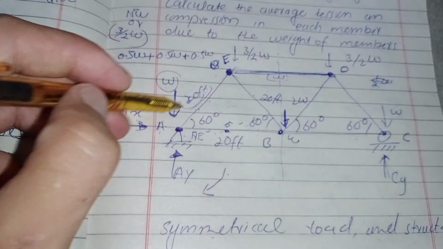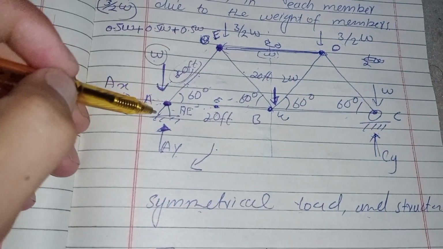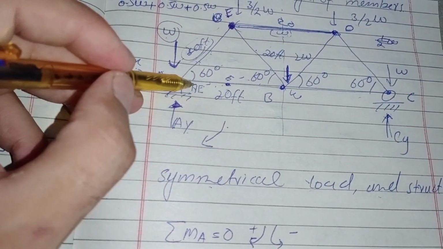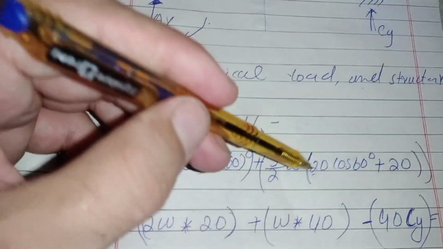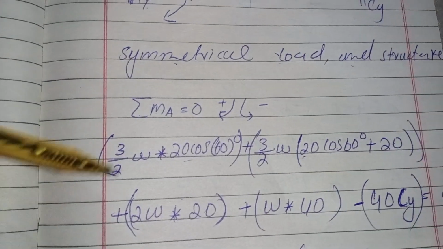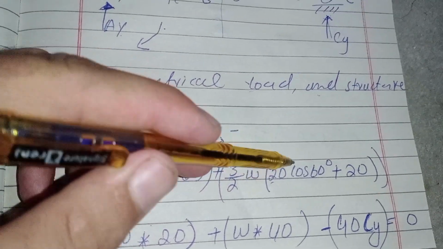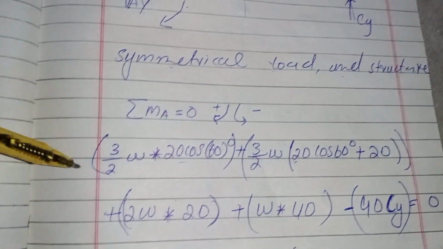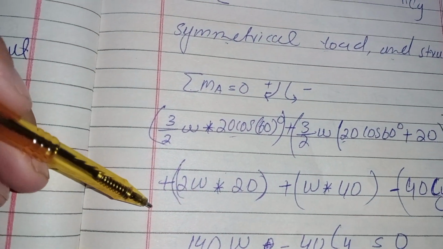This length is 20, this length is also 20. So 20 cos 60 plus 20 plus this horizontal length. So 3 divided by 2 W times 20 cos 60 plus 20, plus 2 W multiplied by 20.